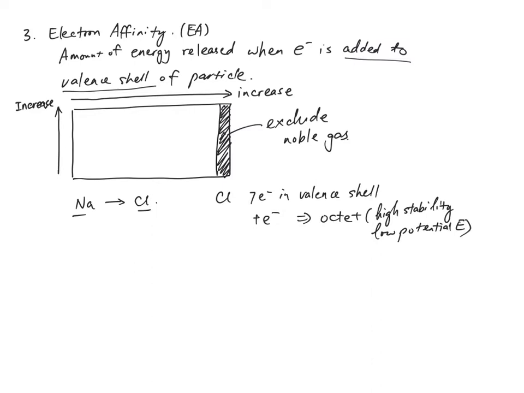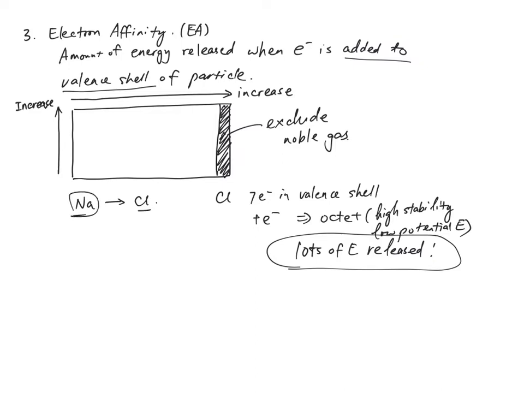And how do you achieve low potential energy? Lots of energy released. So when you put 1 electron onto chlorine, because you achieved an octet, a lot of energy is released during that process. Now think about sodium. This guy has 1 electron in the valence shell.